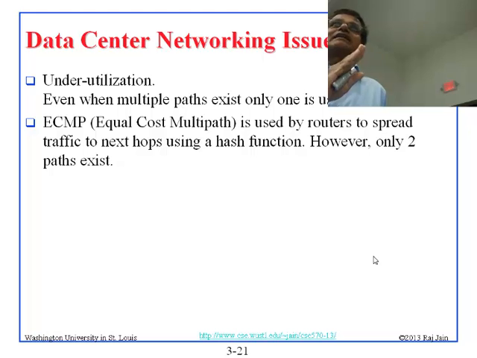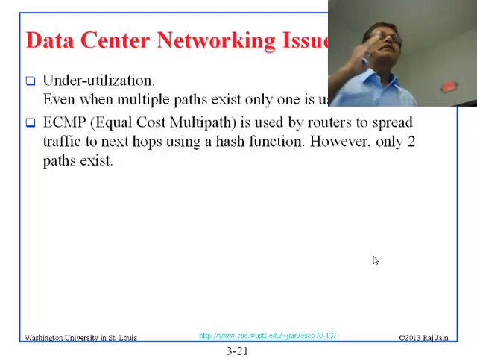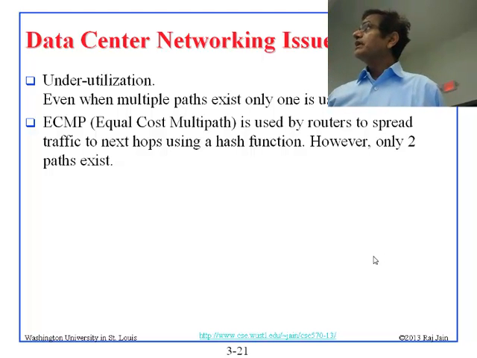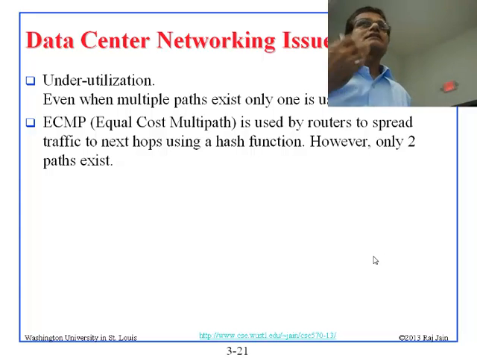Keep up with that thought, because that is not true. But what we do is, if there are two paths which are equal, then we do ECMP, equal cost multipath. That is what is common nowadays, both at layer 3 as well as layer 2. Ethernet as well as IP both use ECMP, which means that if there are two shortest paths, half of the people will take this, half of the people will take that.